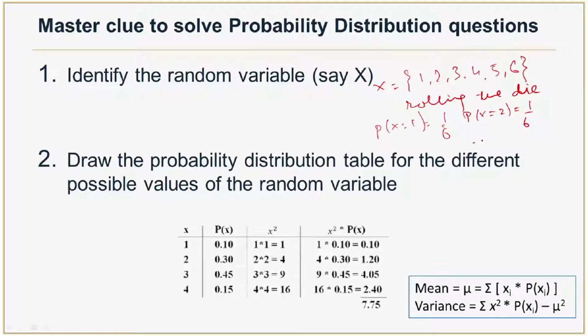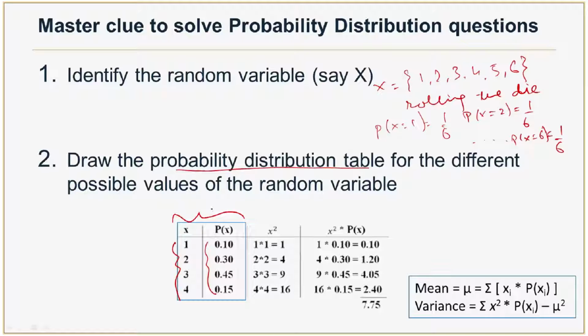Likewise, the probability that x will assume the value 6 is again 1 by 6. A probability distribution table means the values that x can assume and the corresponding probabilities for each value. So this is the probability distribution table that we are talking about.